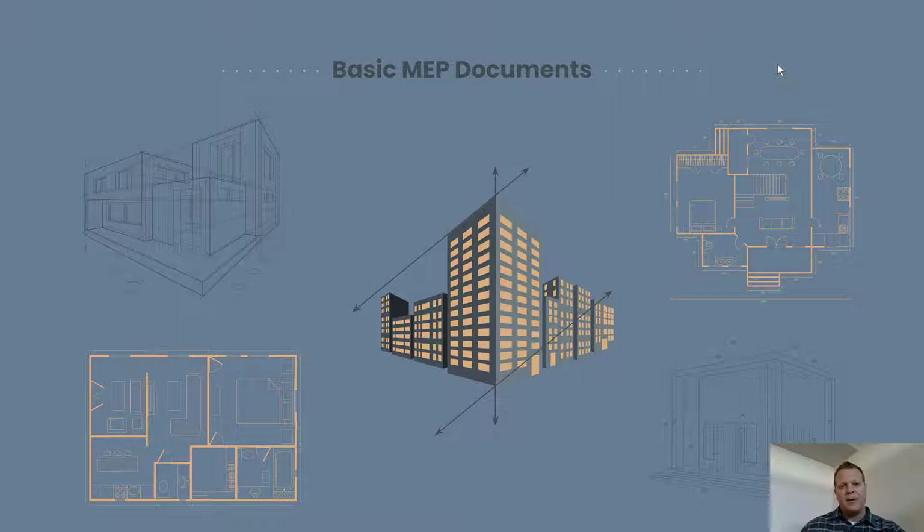It might apply to every kind of construction system, process, or component. I hope this isn't too much of going backwards before going forwards, but that's my style. I like to over communicate, so we're going to look at the mechanical, electrical, plumbing documents.